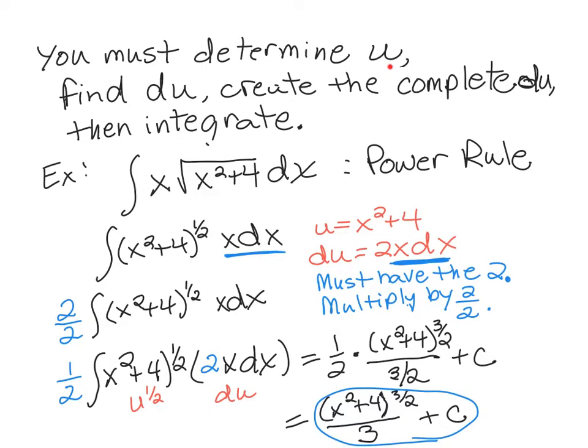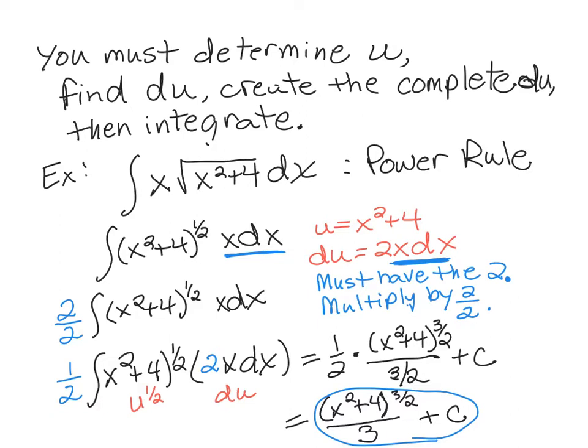Once you figure out what your u is, you take the derivative of it, and then you look to make sure you have all the pieces that are necessary. You create the complete and perfect du by multiplying by constants, only constants, and you multiply actually by 1.